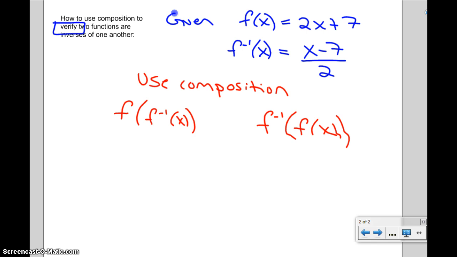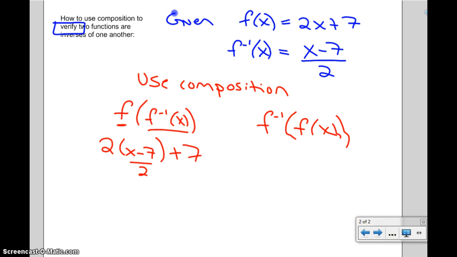I'm going to start with f because that's on the outside. F is 2x plus 7. The x is being replaced with the inverse that is on the inside. So I'm going to take the x minus 7 and divide by 2. That goes inside the parentheses, and I'm hoping that it will simplify to give me what I want.